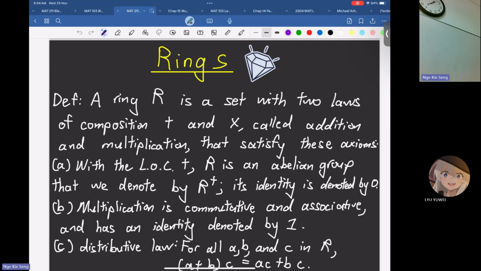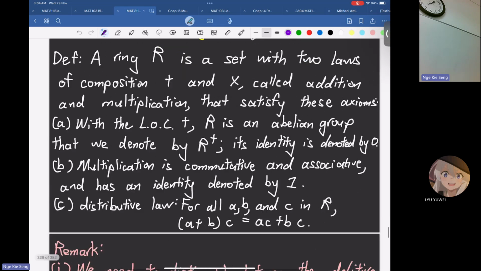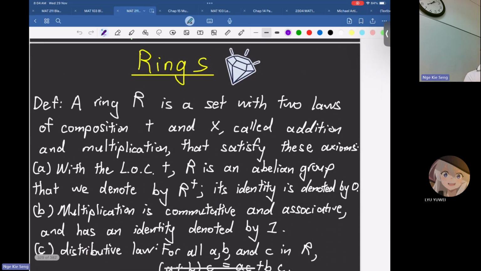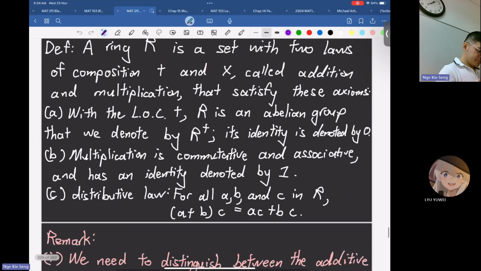That's all. We don't require inverses, so not necessarily will you have a multiplicative inverse. And then the third law tells me how I add and multiply when they come together, which we call the distributive law. This is what you did in high school, when you open the bracket.